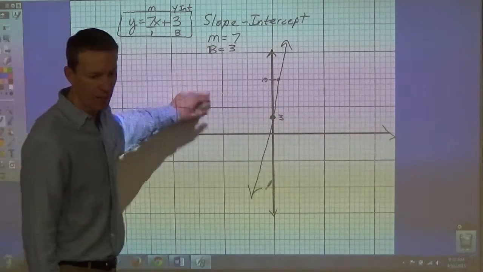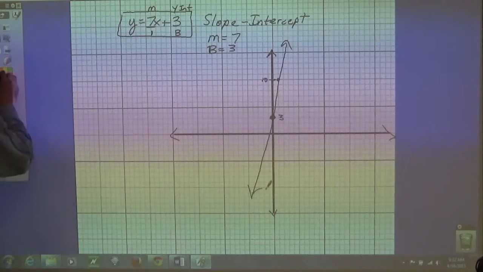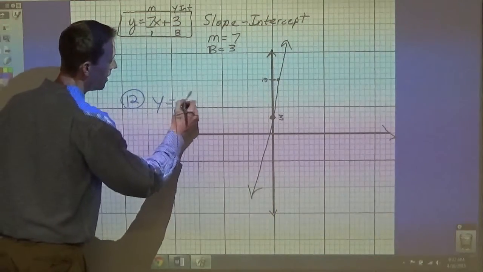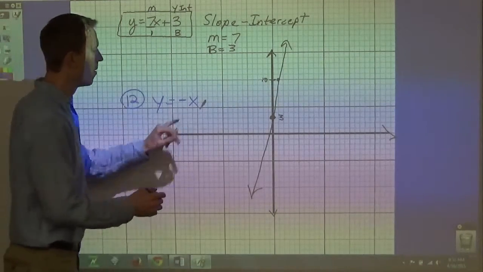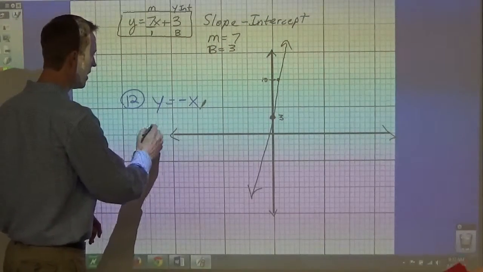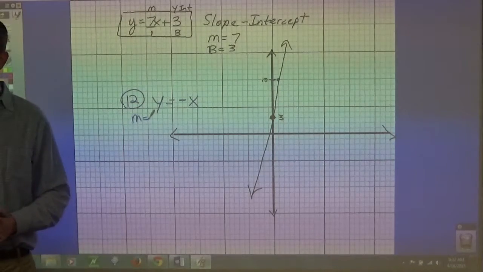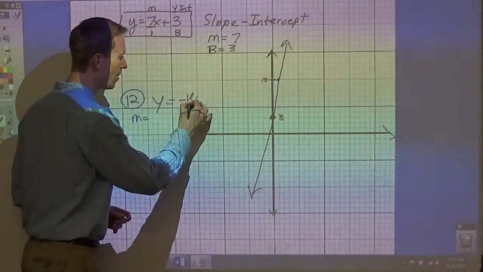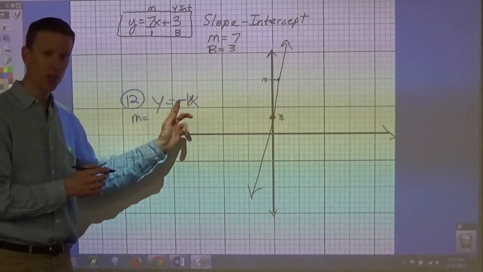Okay. Number 12. This one's a little bit different. Number 12 is y equals negative x, right? Now, if we're identifying m and b in this, what's the coefficient of x in this one? Troy? Negative 1, yeah. You remember a long time ago when I said a negative variable, you can put the negative 1 there.